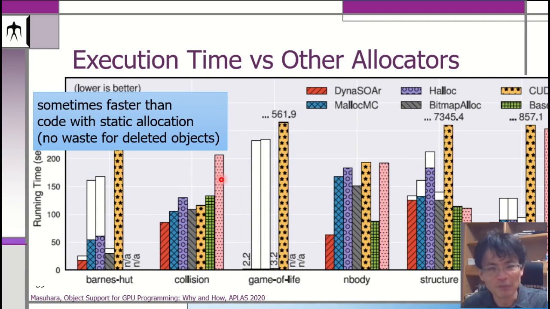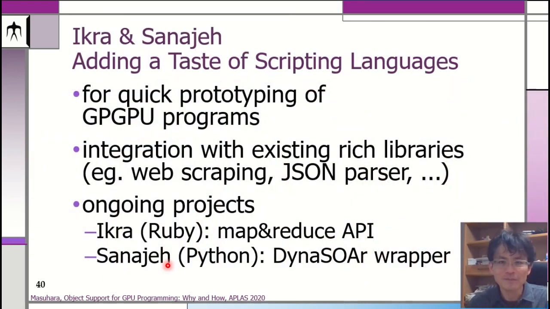This can happen because in those static allocation versions, we need to speculatively allocate many possible objects which might not be used all the time. So with dynamic allocation, we can limit the computation to only the actually created objects, which sometimes can be faster than static allocation.